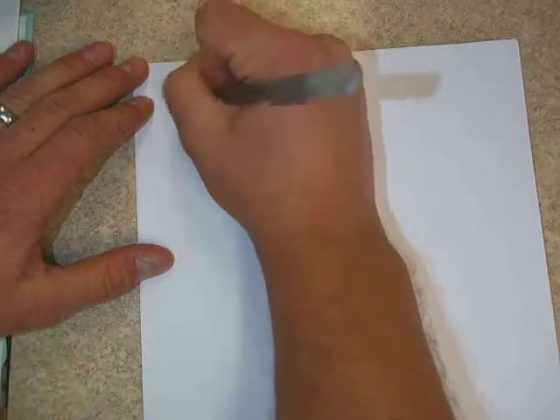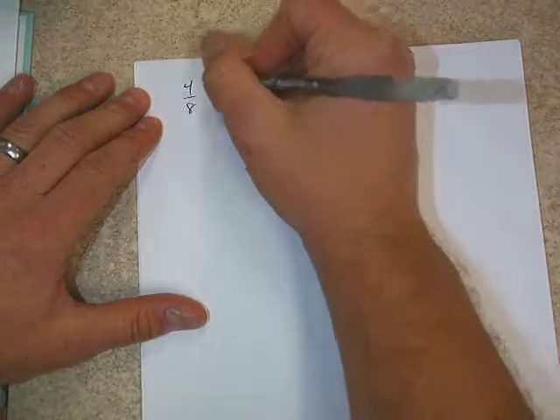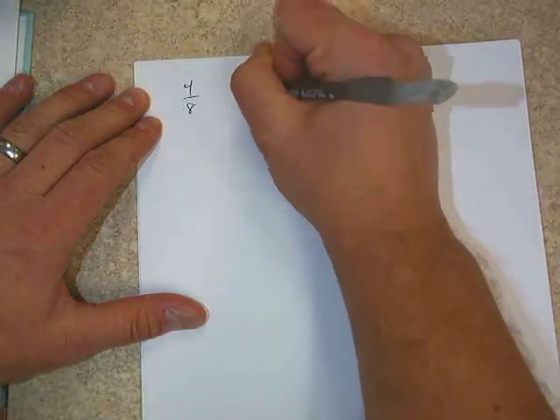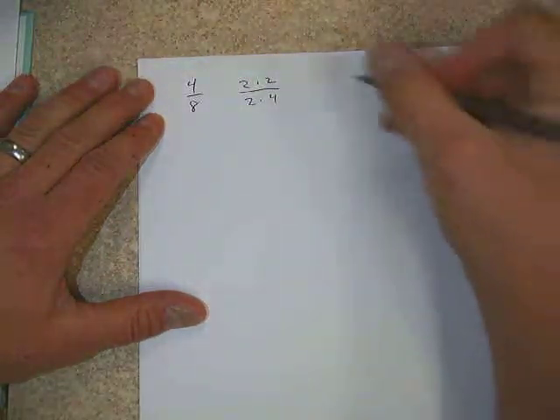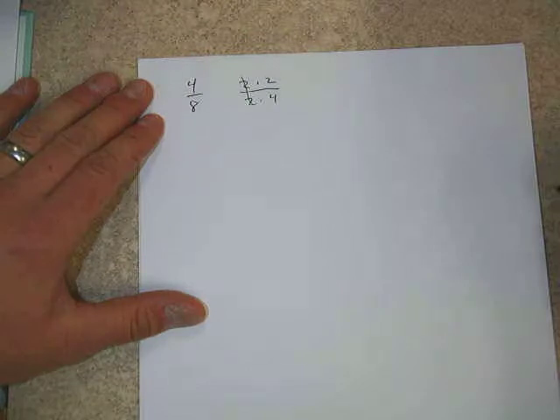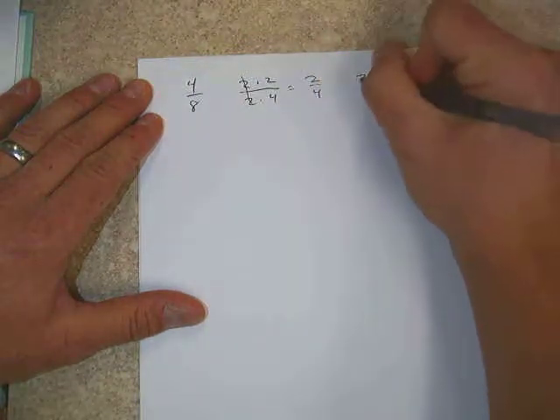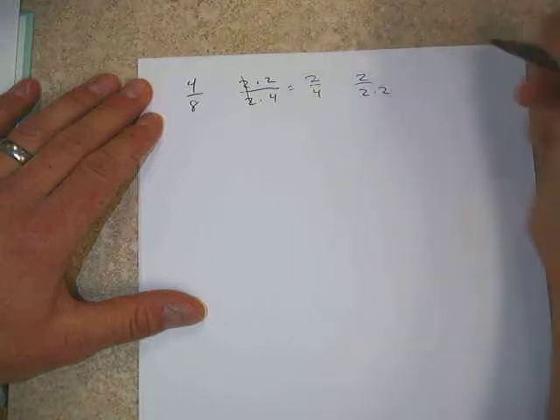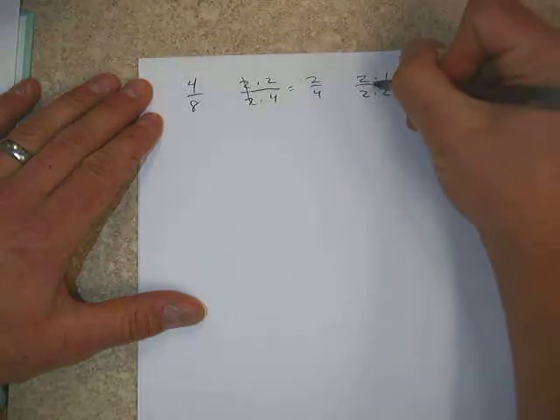So with that said, let's take a look at our next task in terms of dealing with rational functions: can we simplify a rational function? Ultimately, this is related to what we learned a long time ago about simplifying, and that's taking something like 4/8. We can change 4/8 into 2 times 2 and 2 times 4, and that allowed us to take out those common factors and leave us with 2 over 4.